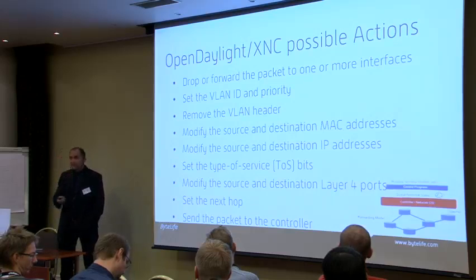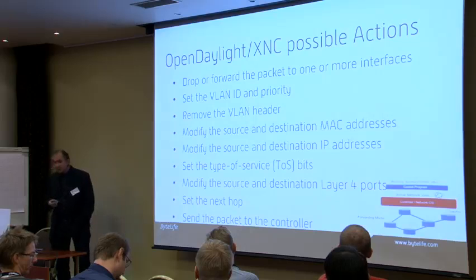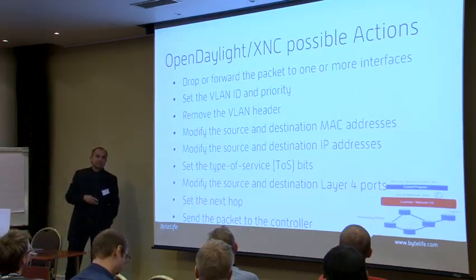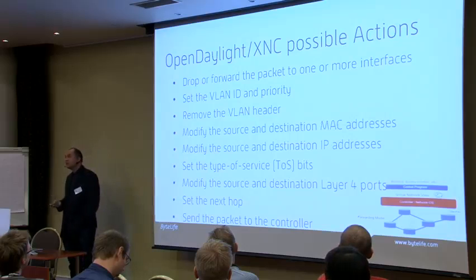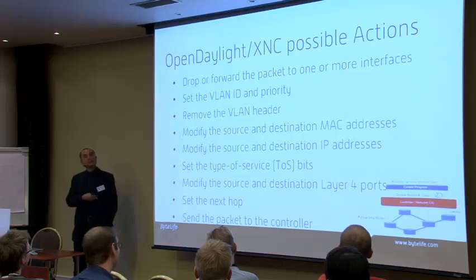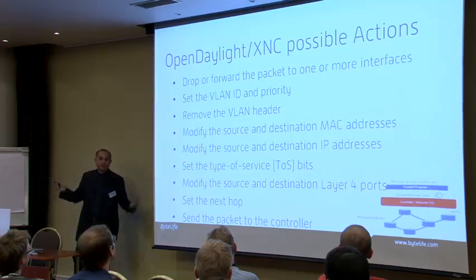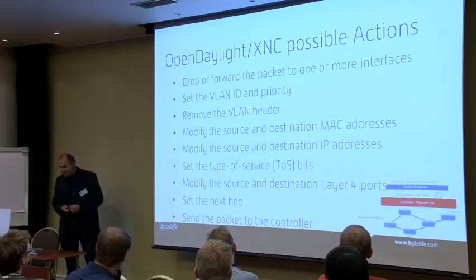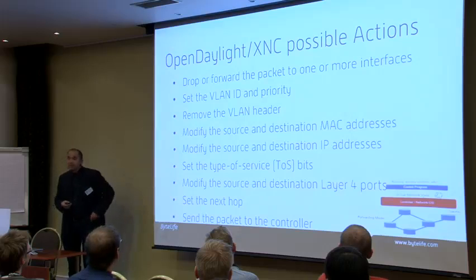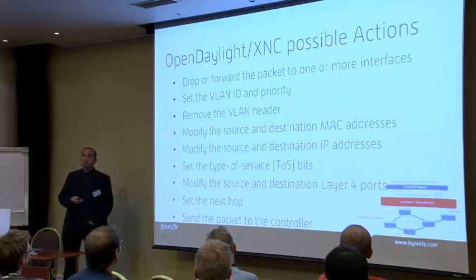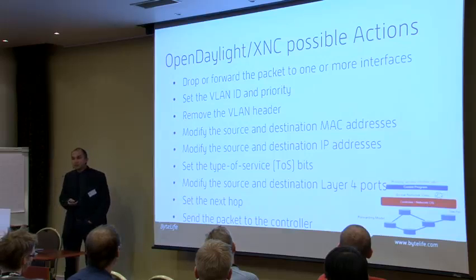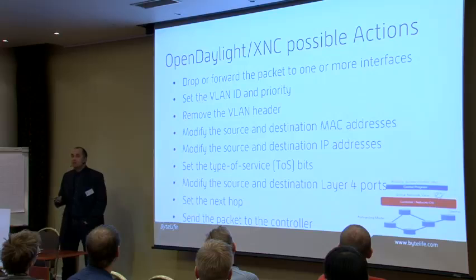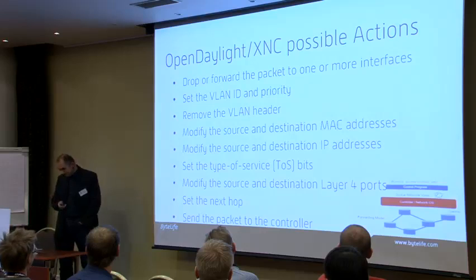The most simplistic ones are either forward or drop. If the world were that simple, we wouldn't actually need that big of an infrastructure for the simplistic tasks. But there are different kinds of packet manipulations or flow manipulations which you may utilize for different purposes, which I will describe just a bit later.